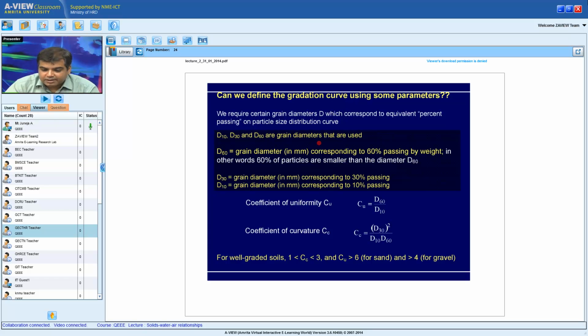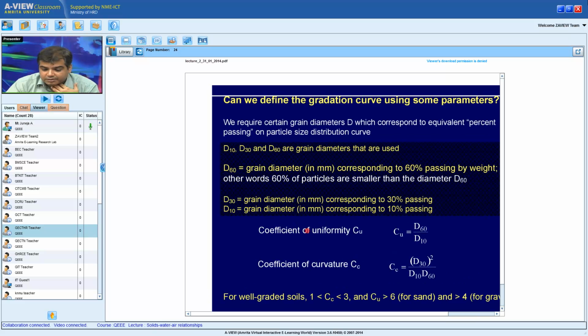So there is a set of terms or definitions which we use in order to look at whether it is well graded or poorly graded. Okay, so I'm going to zoom in over here. There is a term called coefficient of uniformity, or Cu, and the coefficient of curvature, or Cc.